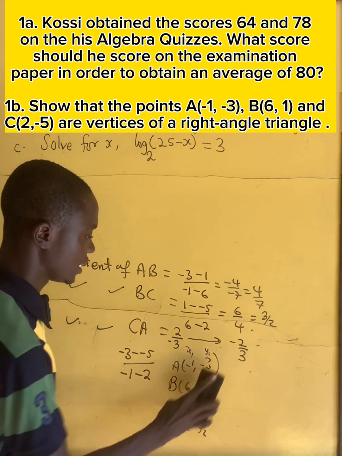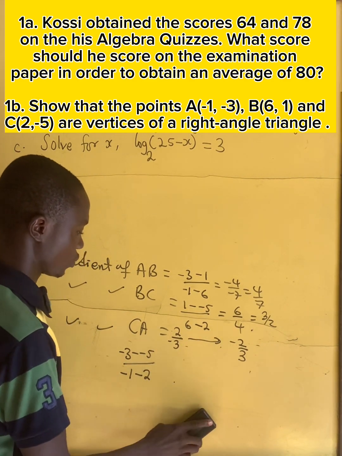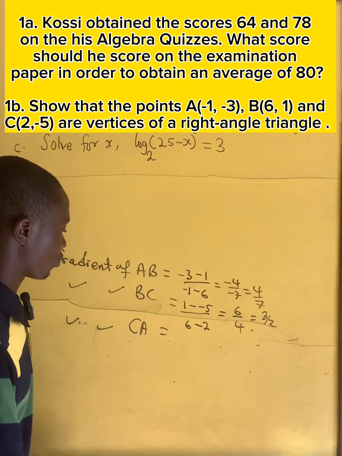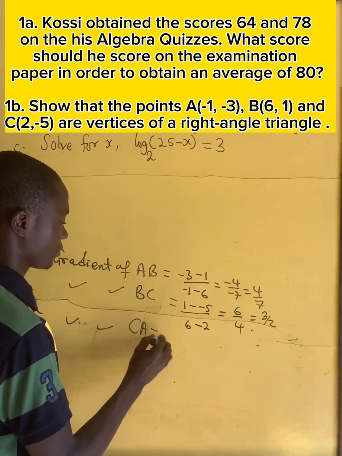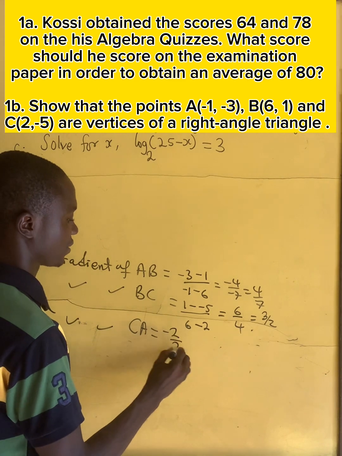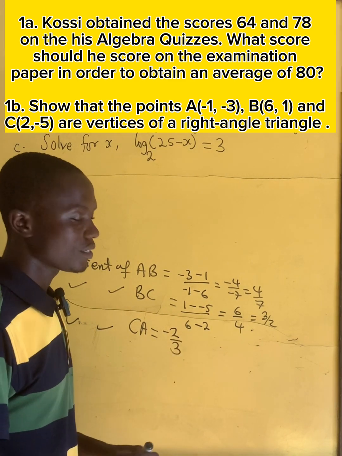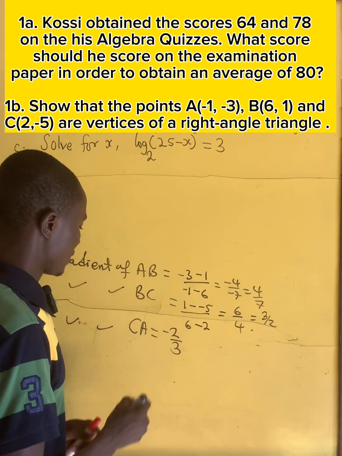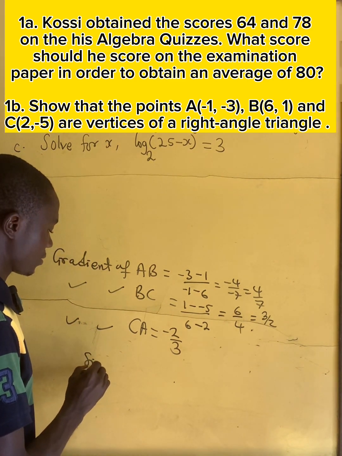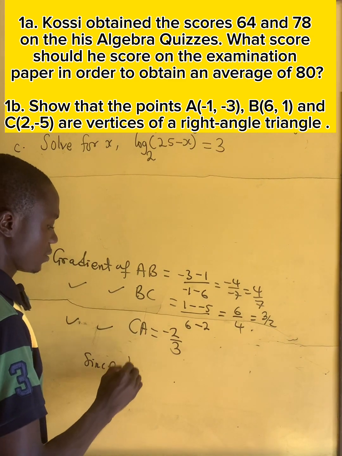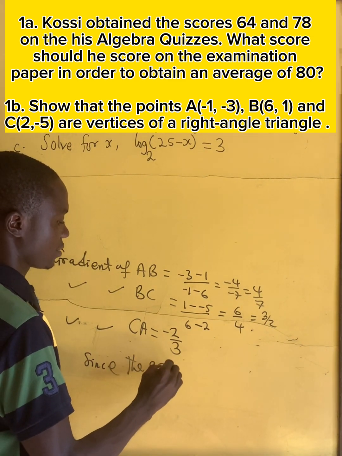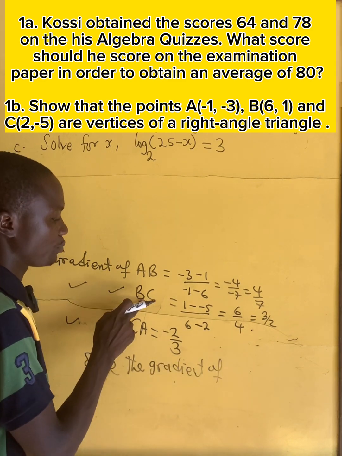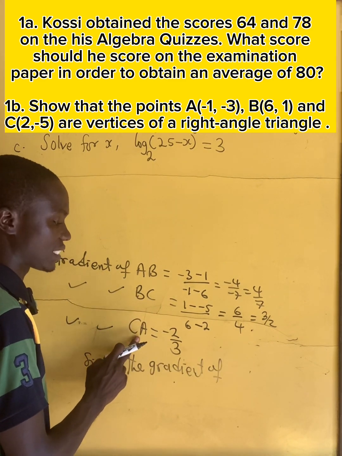Wow. Now I don't need this again. So let me clean this one off and then write this one properly. Negative 2 on 3. Now, what we have to conclude here is that since the gradient of, in fact, I can write BC first or CA first, any one of them.